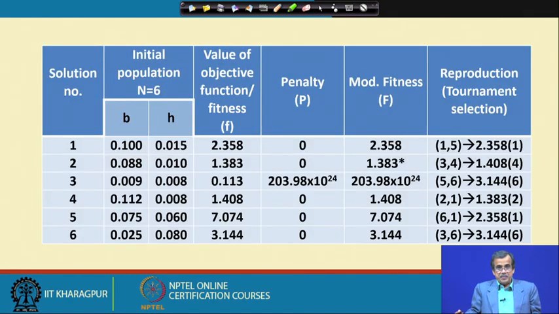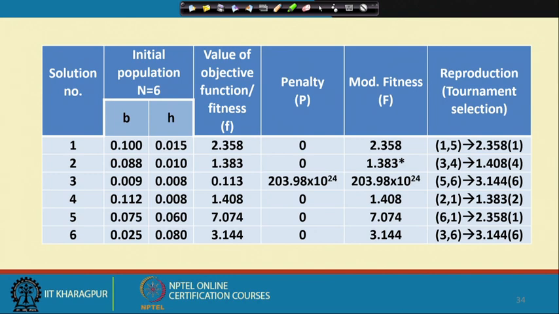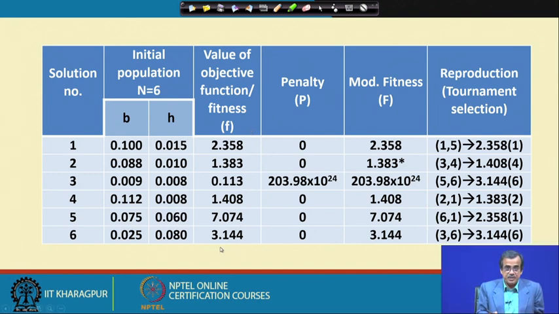Following the same principle, I can find the fitness information for the other solutions. I have already discussed how to find the fitness, the penalty term and the modified fitness for the first solution, and similarly for the second and third solutions.